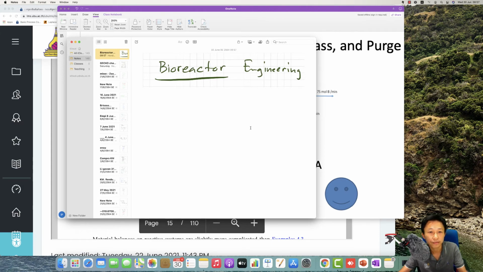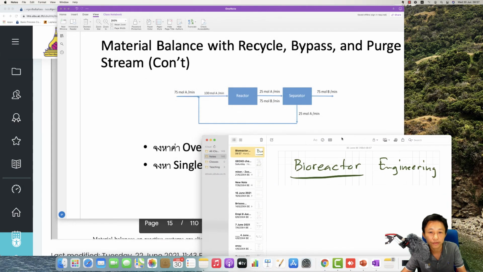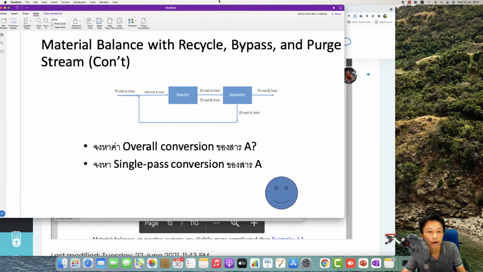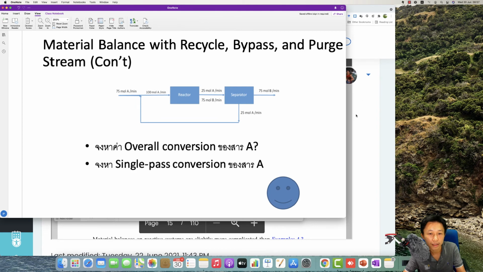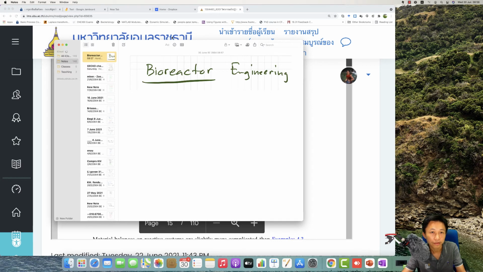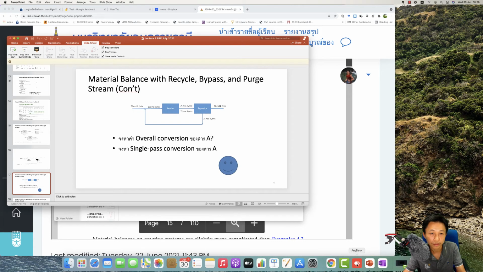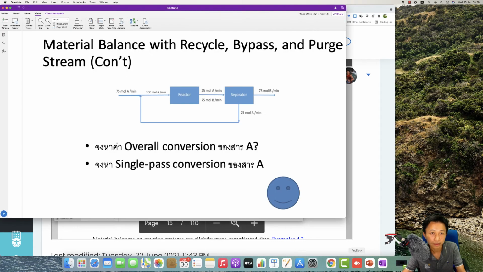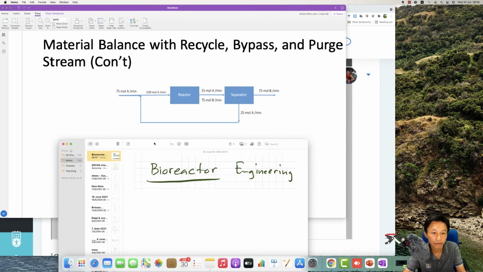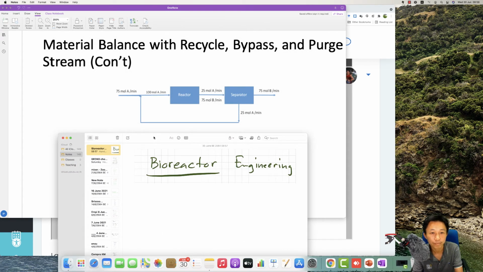Bioengineering, bioreactor engineering. So, what is the single pass and what is the overall?